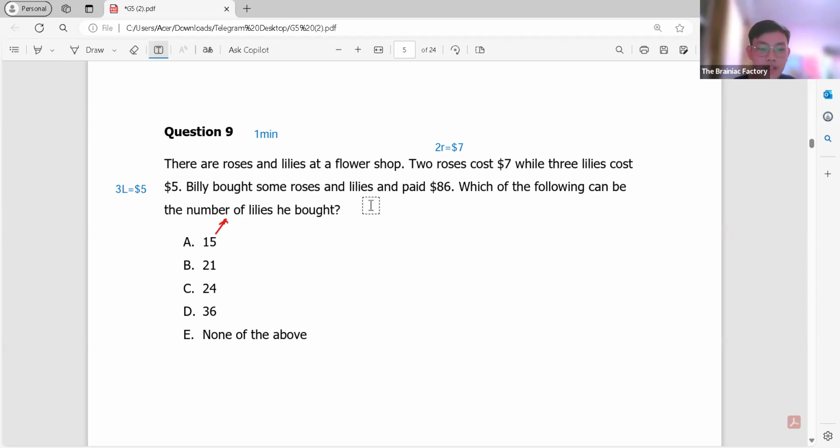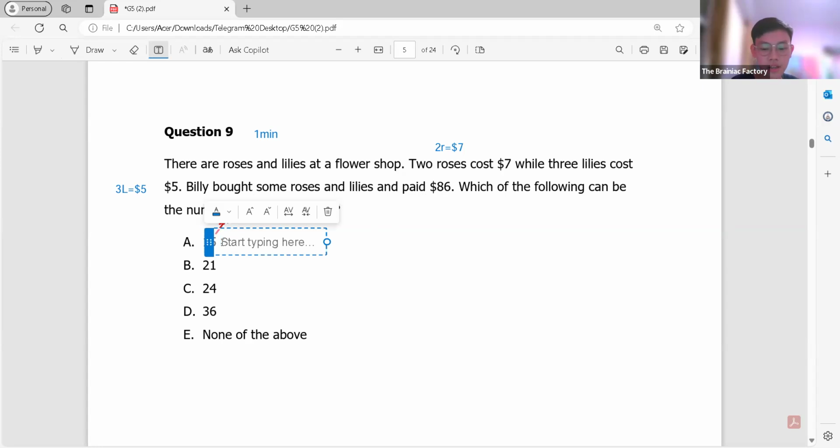So what are we considering here? We have the total price of the roses and lilies that Billy bought, which is $86.